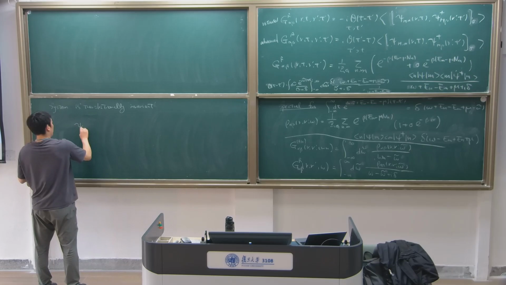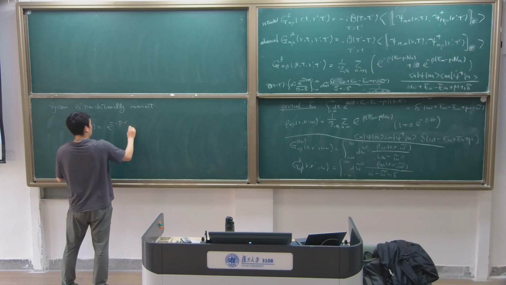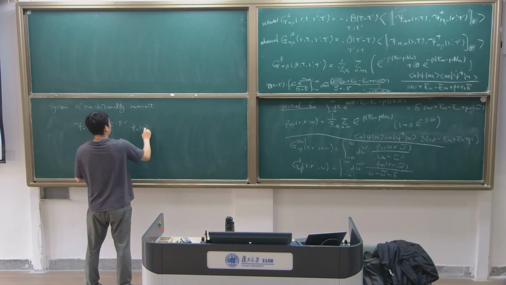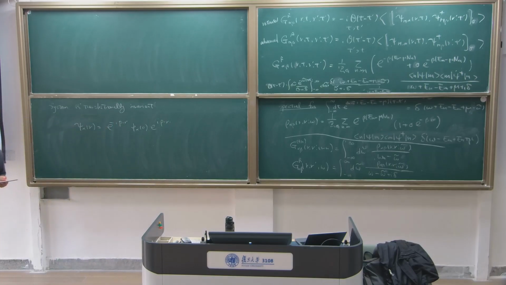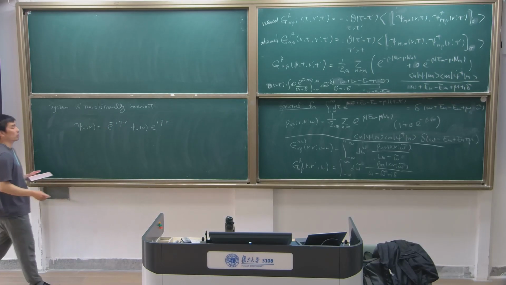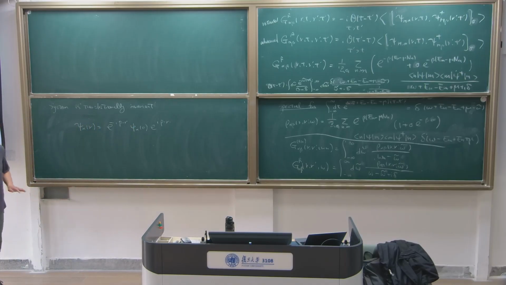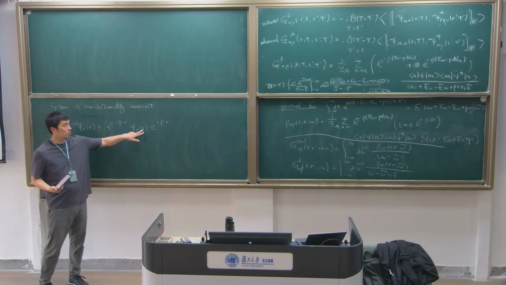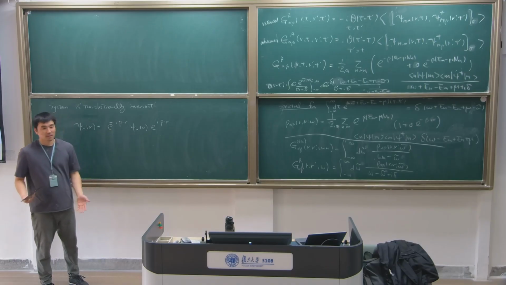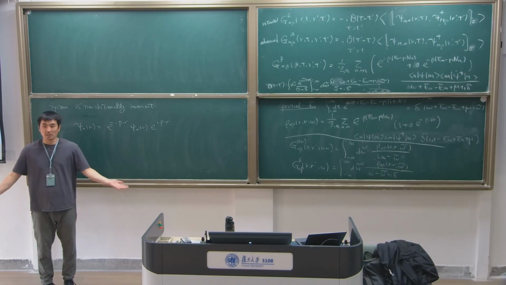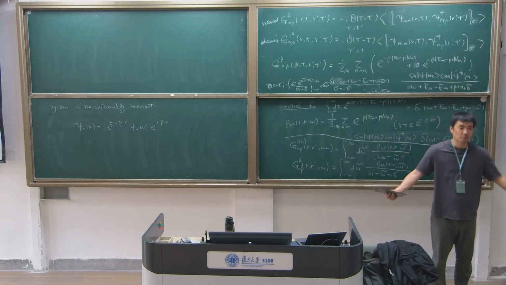In that case, psi alpha of r can be written as e to the minus i p r, psi alpha at 0, e to the i p r. We can use the translation operator in this sandwich, the same as in the Heisenberg picture. So you have a translation operator, and you can always put the operator at the origin. Translation invariance means the physics studied here is the same as the physics studied here.